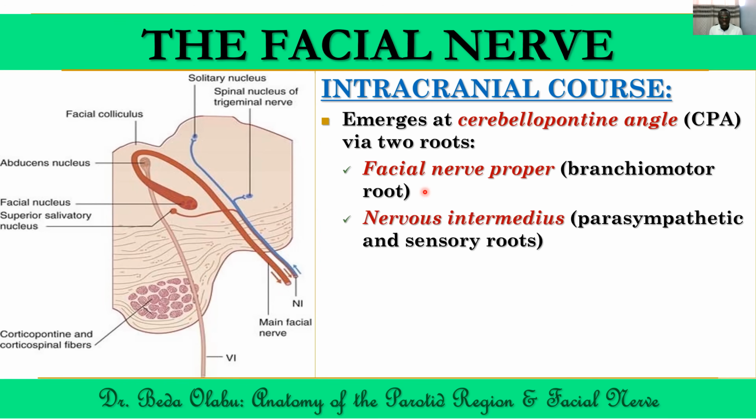And we have the nervus intermedius route. The nervus intermedius route carries the parasympathetic, or we can call them secretomotor functions, and the sensory functions. The sensory here can be either general or special. Remember, the special is for taste.